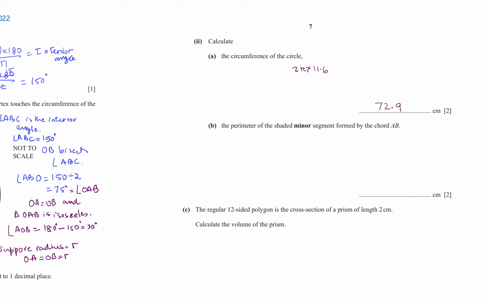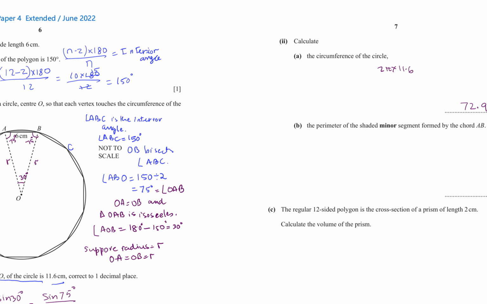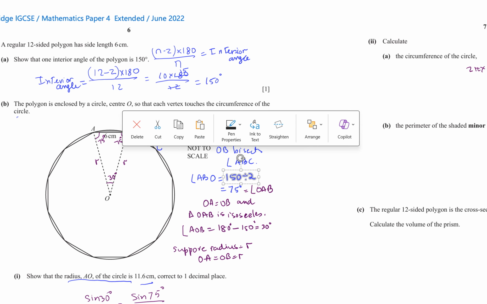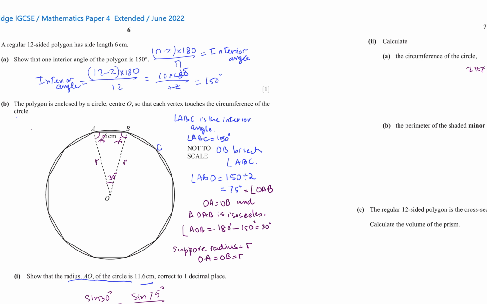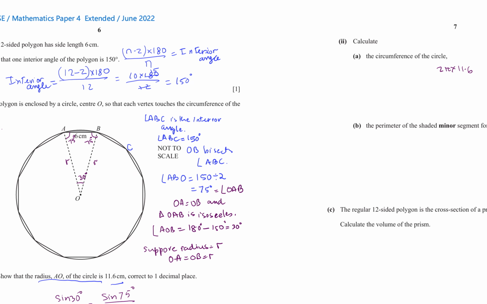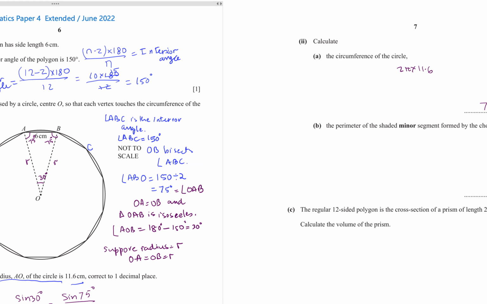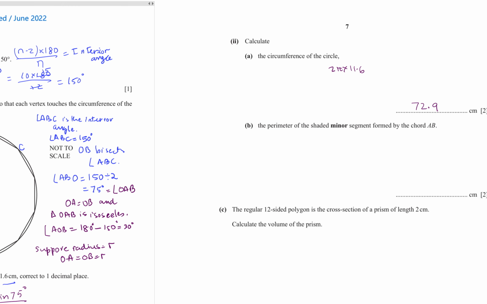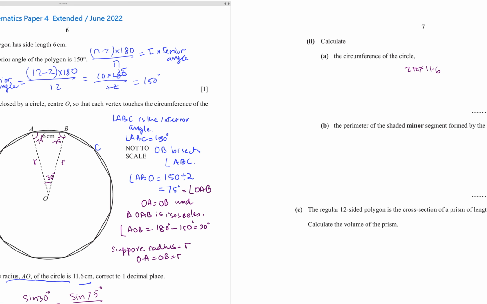And the perimeter of the shaded minor segment formed by the chord AB. So to find that perimeter, what we need to do is find the area of the segment, not area, sorry, we don't need to find the area, we need to find the perimeter.